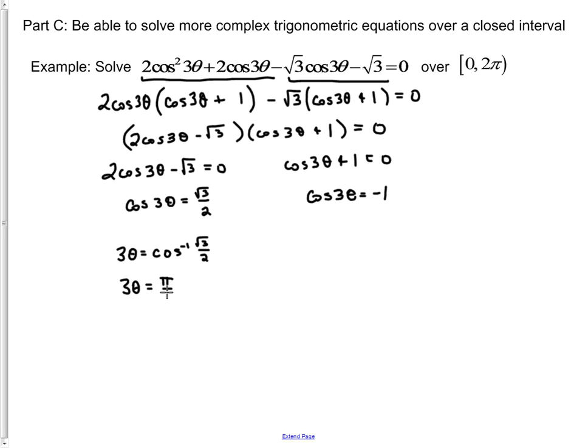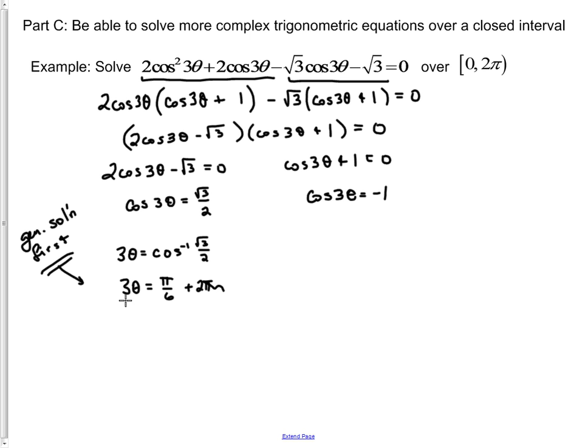But what we're going to do right here is get the general solution first. Get the general solution from negative infinity to positive infinity first. Right? So we say 3 theta equals pi over 6 plus 2 pi n.